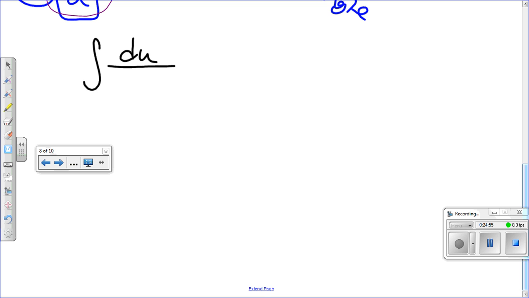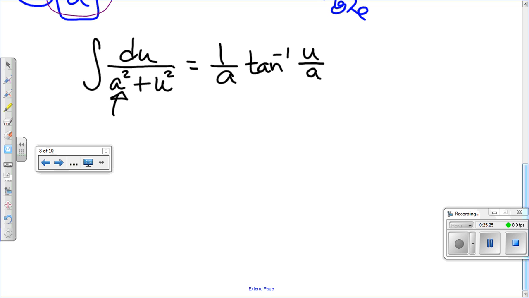So if you have something like du, and then you have a constant or a term that is being squared, and then you have another one that is also being squared, so that you could do a substitution that looks like that, we have du on the numerator side. So that one will be 1 over a, whatever this constant or expression is, times the tangent inverse of u over a plus c.